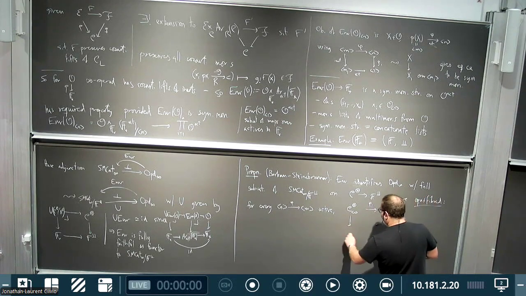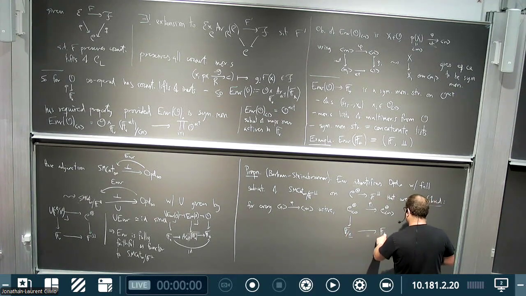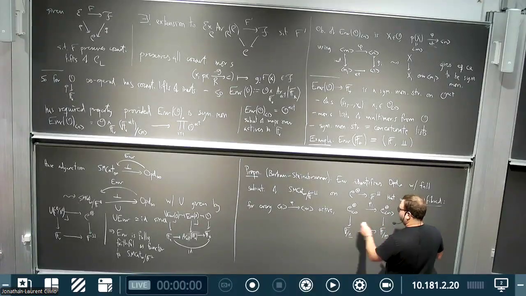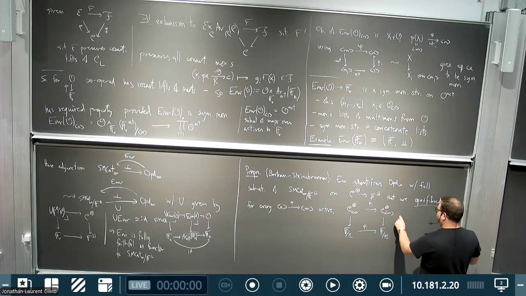I'll get a commutative square over the same thing with F. And the condition is that this is a pullback.